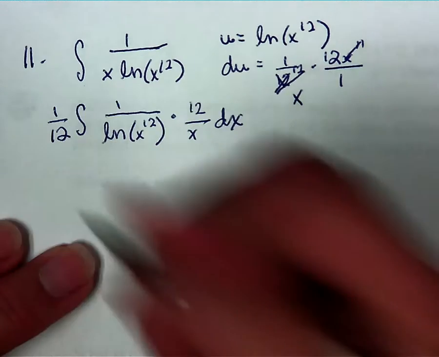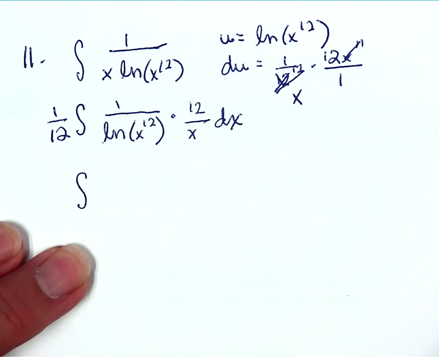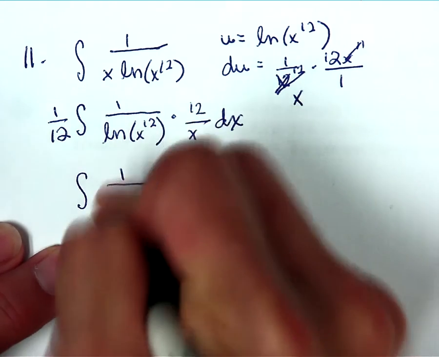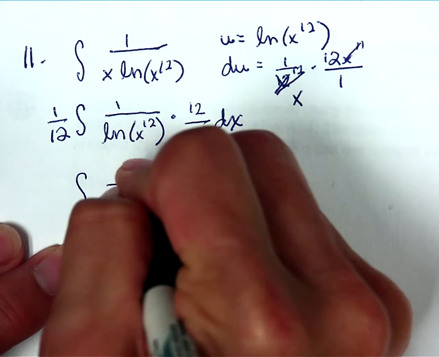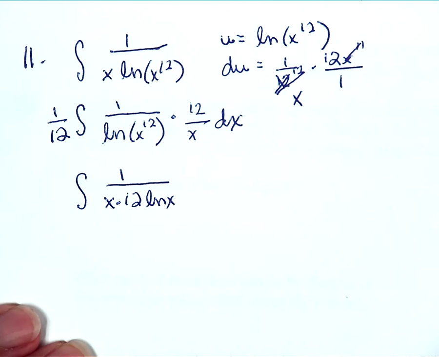But let me show you what Emma did, because it was interesting. Miss Emma said, if I have natural log of x to a power, I can bring the power out front.